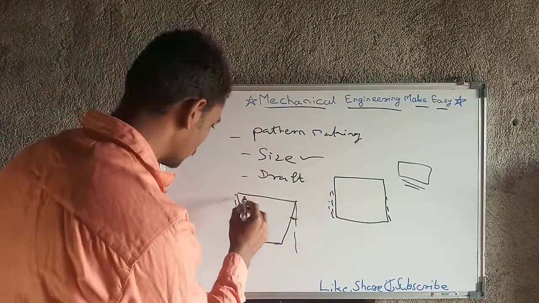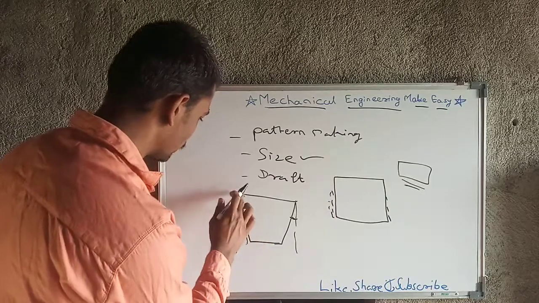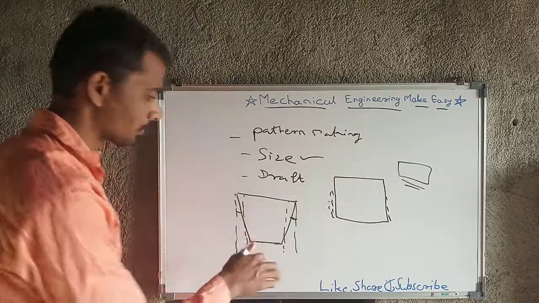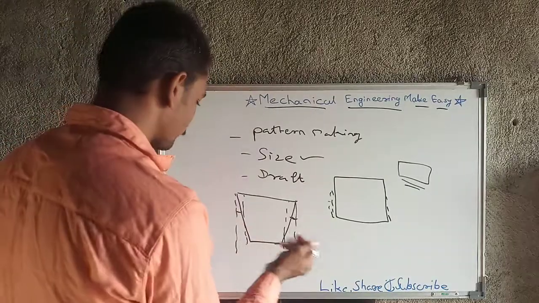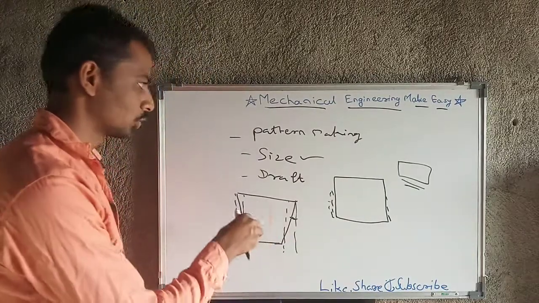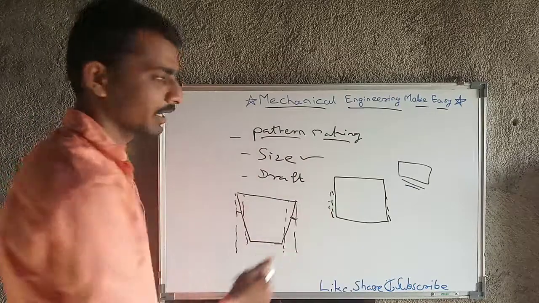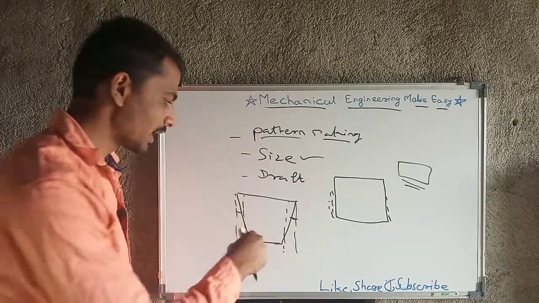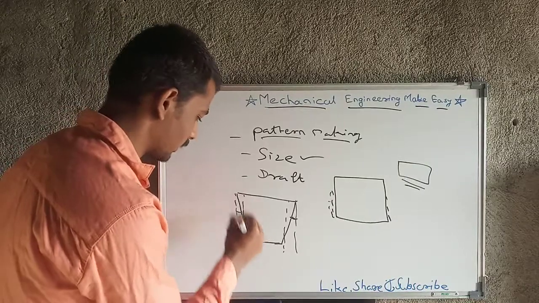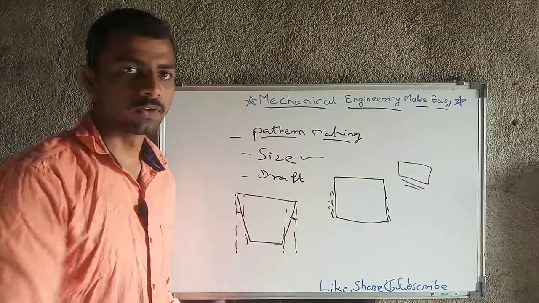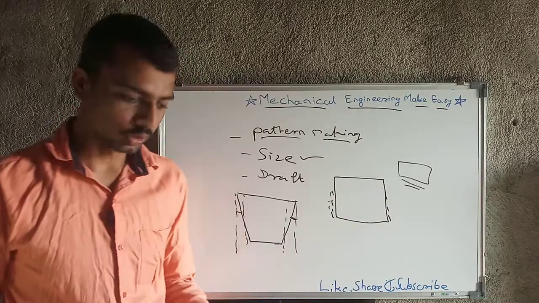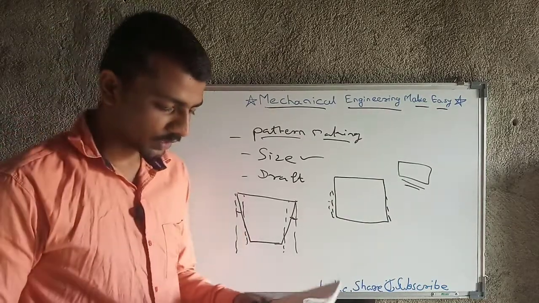After that we can do machining to remove this extra material at both ends. Our prior function to be satisfied by the pattern is that the sand should not collapse, so we provide this taper here, and in further finishing processes we eliminate this taper. This is the draft allowance.